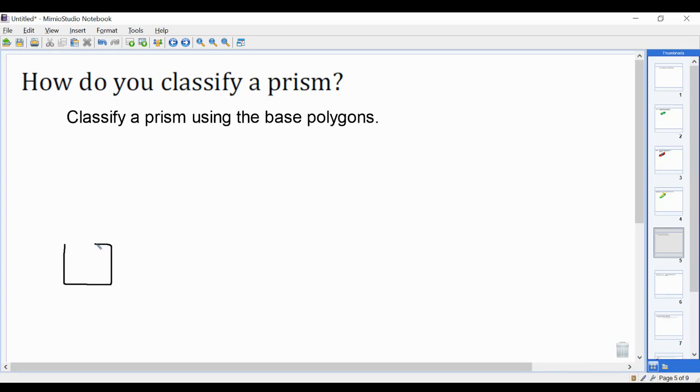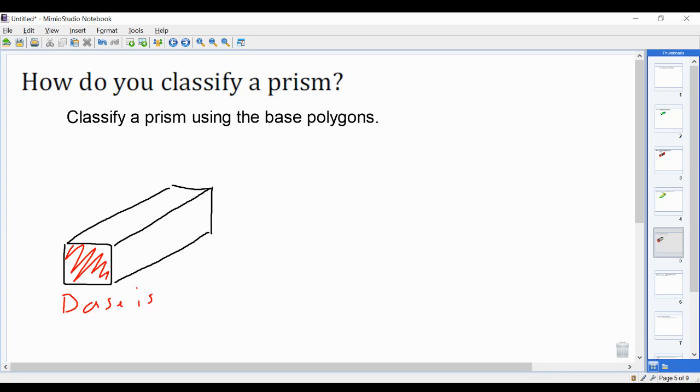If we start with a square or a rectangle, say this is a rectangle, and we move that through space, this is a rectangular prism because the base is a rectangle.